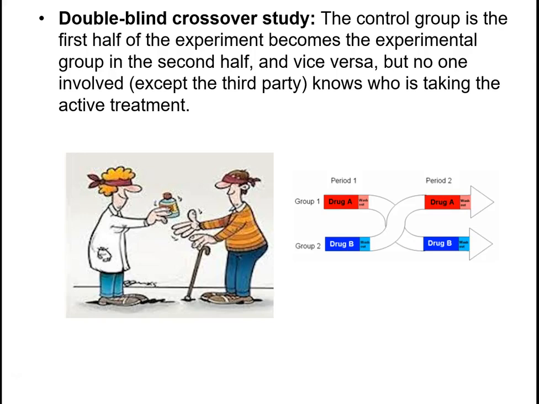So same idea, control group in the first half becomes the experimental group in the second half and vice versa, but nobody knows who's getting what at what point in time except for that third party. So we can combine those to get an even better result from our studies that ideally eliminates as much of that subconscious or even conscious bias as we possibly can.